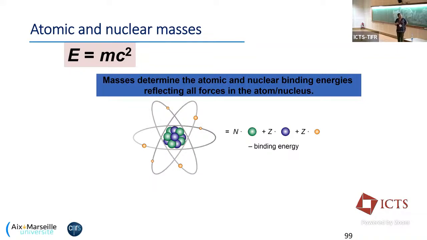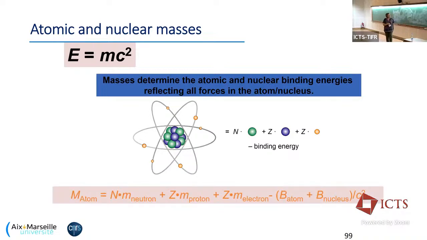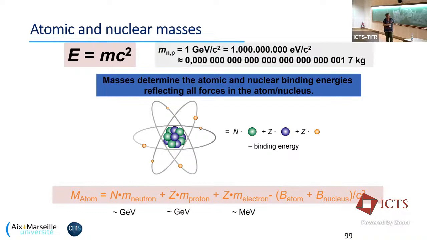And normally, the orders of magnitude are something like that. The mass of the neutron or the proton is just below a giga electron volt per c squared, which means that is something which is written here, 10 to the minus 27 kilogram. This is approximately the mass of the neutron or the proton.